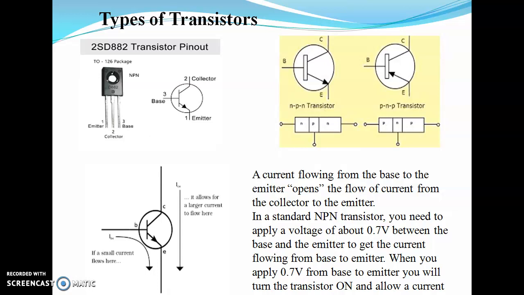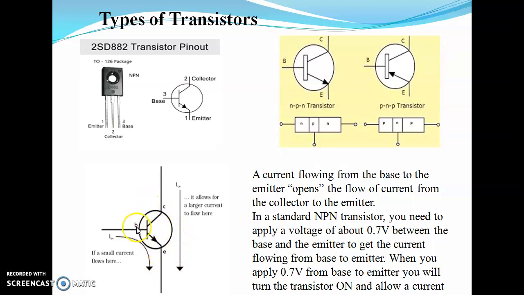Here a current flowing from this base terminal to this emitter terminal opens the flow of current from collector to emitter. This is basically NPN type of transistor. This is the symbol, or the arrow, from which you can recognize the type of transistor.